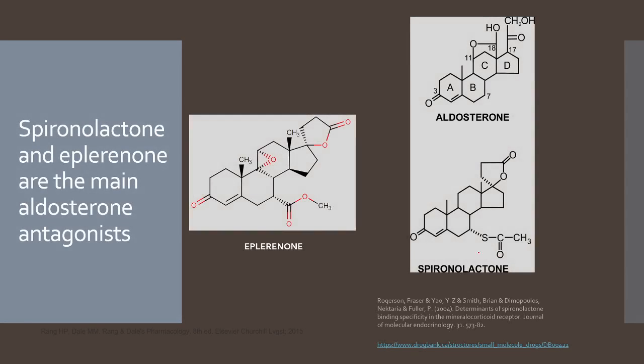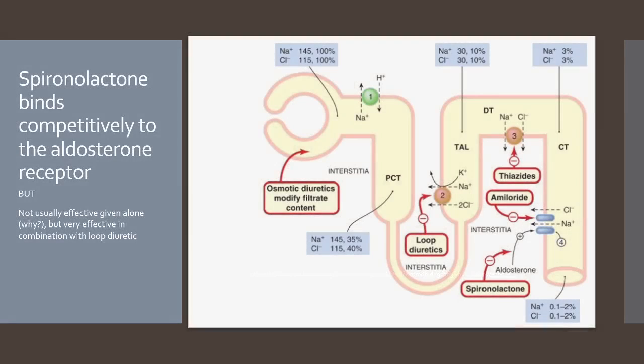The best known aldosterone antagonists are eplerenone and spironolactone. You don't need to know the structures, but you do need to be able to recognize something of their features, such as their similarity to cholesterol. Spironolactone binds competitively to the aldosterone receptor.